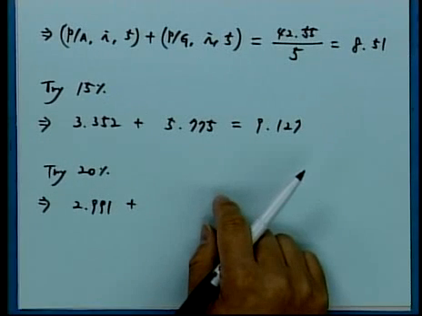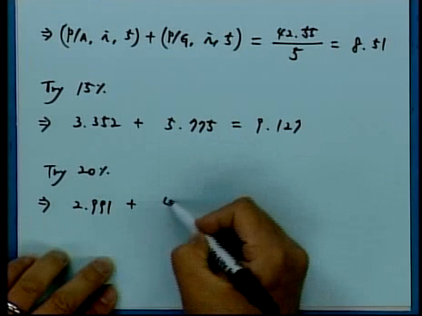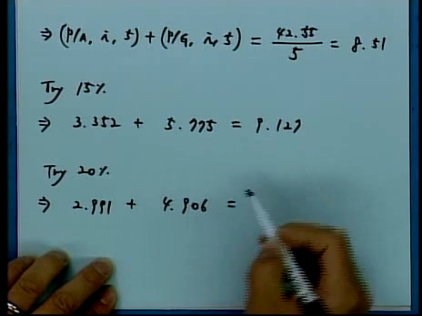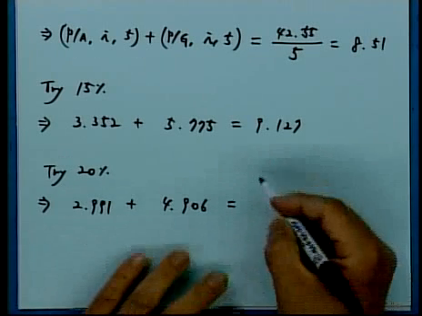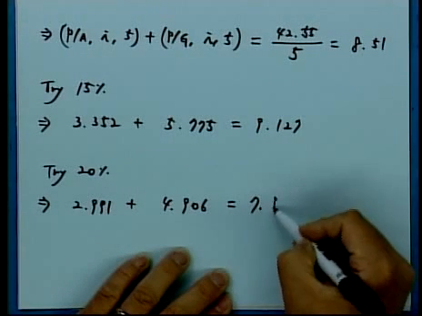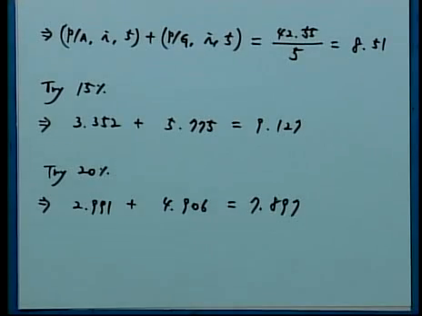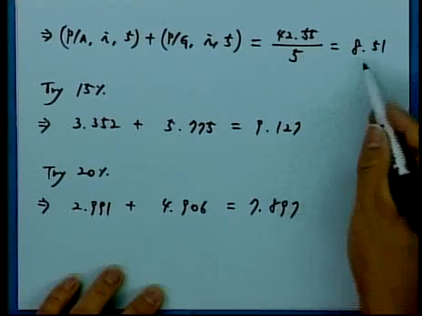And P given G is 4.906. So how much is this? It's 7.897, okay, which is smaller than this value.